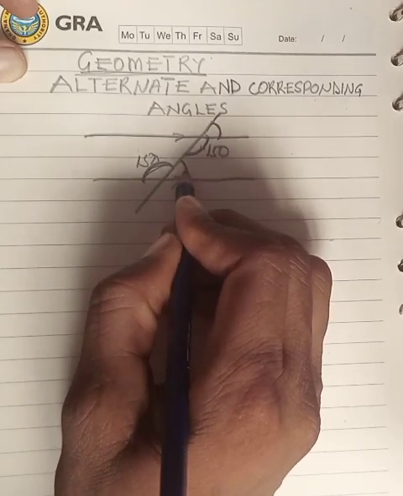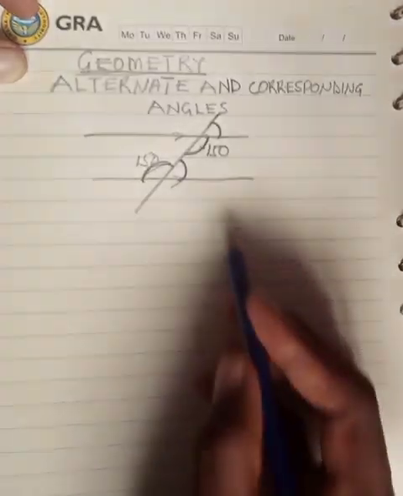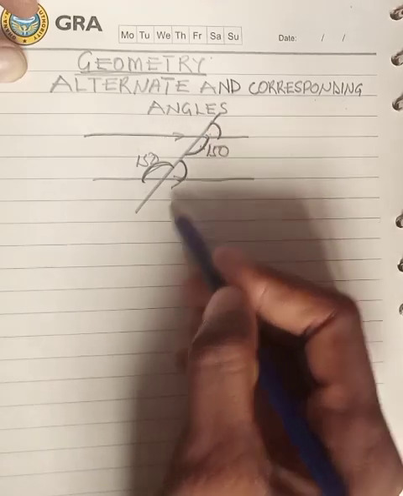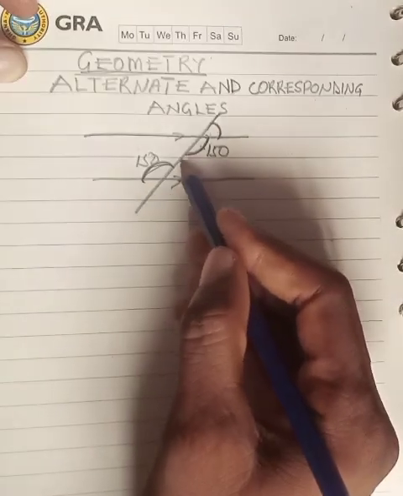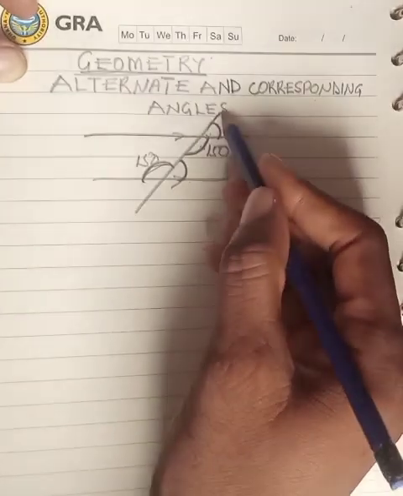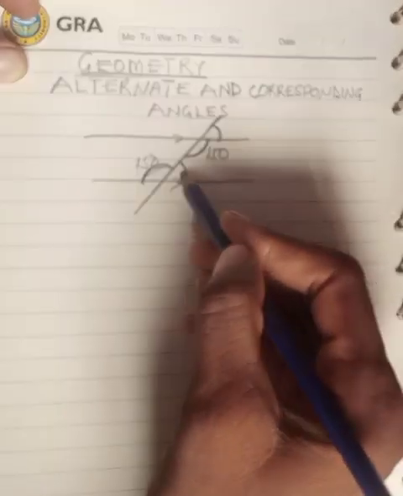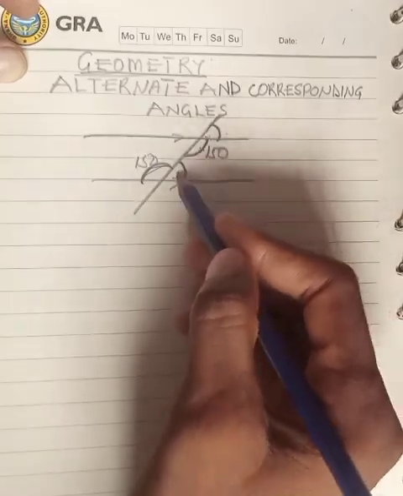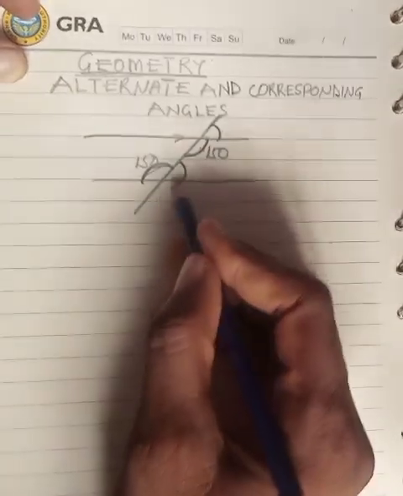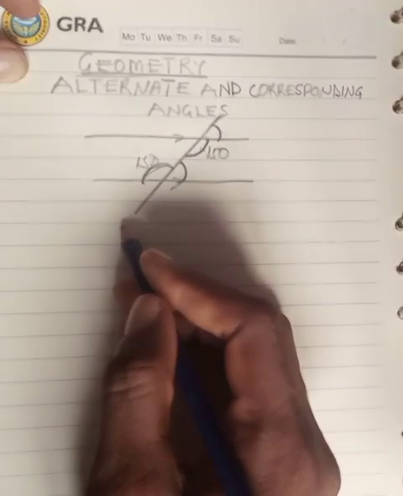Can you see it? This angle is formed in between the two parallel lines along the transversal, at the same side of the transversal. So the two angles are at the right side of the transversal, and they are called corresponding angles.